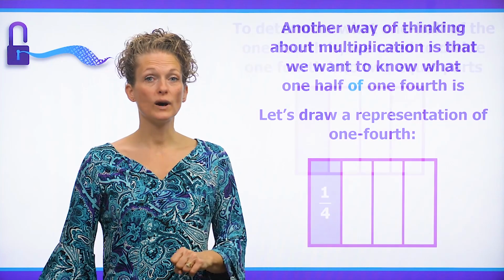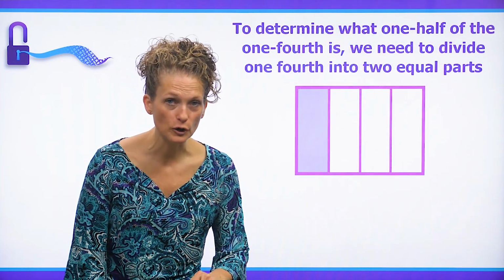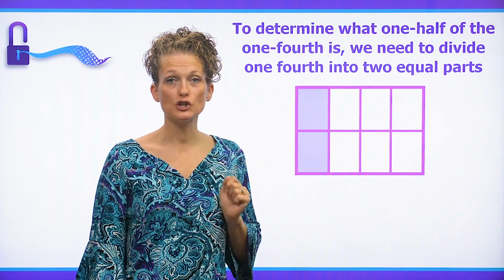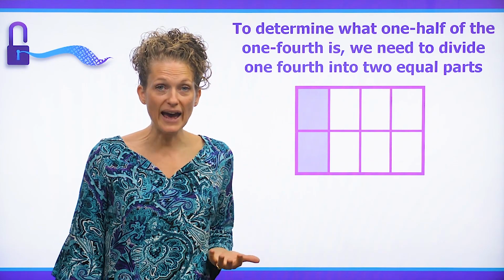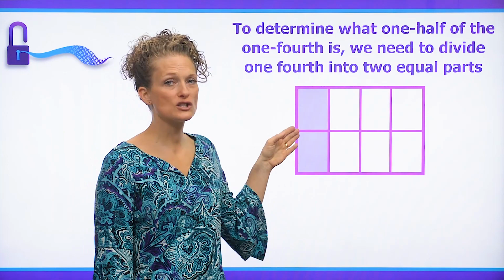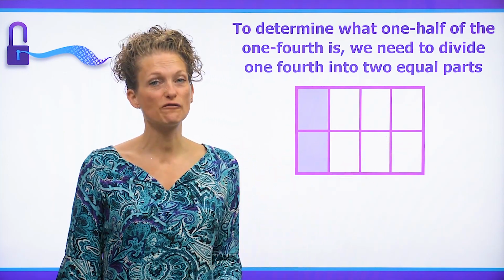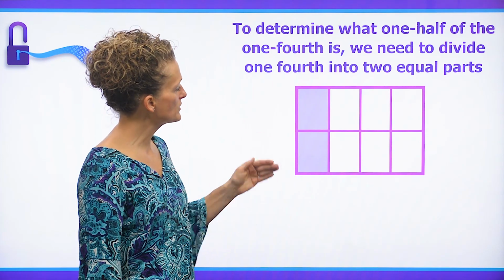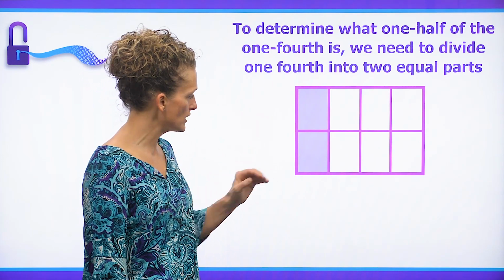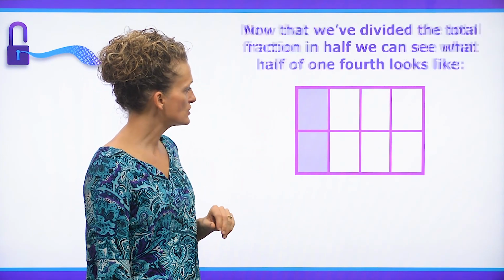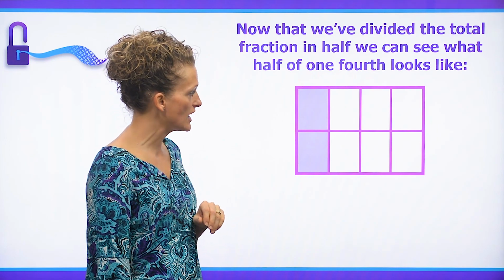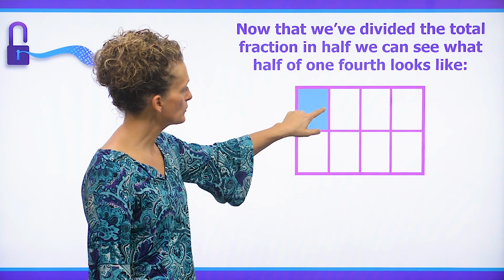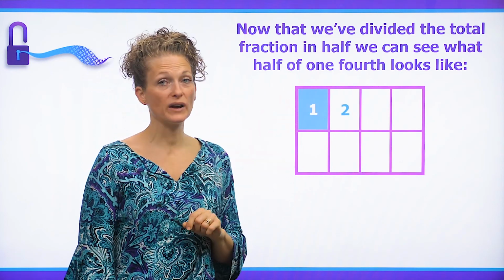Now we want to know what 1/2 of 1/4 is. So we're going to have to divide this 1/4 into 2 equal pieces because we want half of it. And when we're talking about fractions, we actually have to divide the entire fraction. We can't just divide a portion of it. And so now we've divided it into 2 equal pieces. And so now we can actually shade what 1/2 of 1/4 is. And we end up with this shaded region right here.